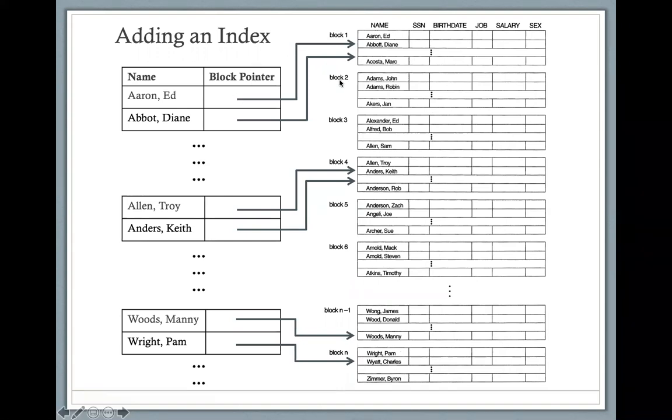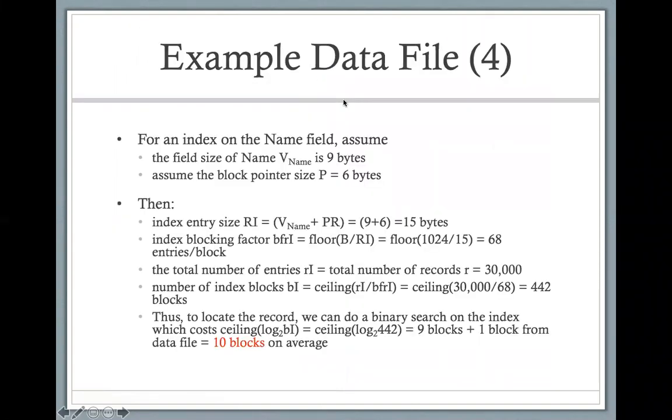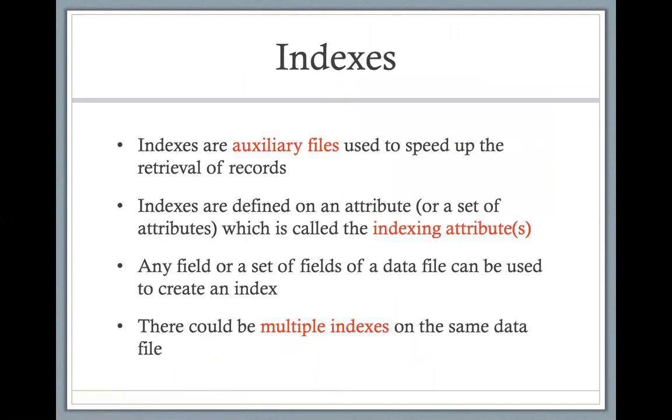So indices are auxiliary files used to speed up the retrieval of records in a database. They're really important, something that I highly encourage you to do in any database system that you have. Indices are defined on an attribute or a set of attributes, which is called the indexing attribute, what we build the index on.